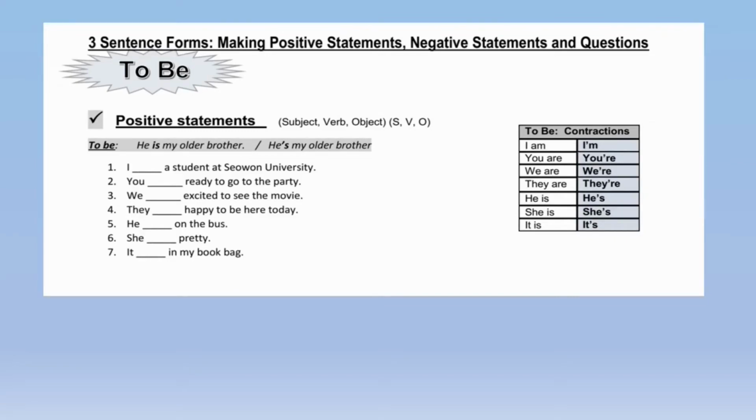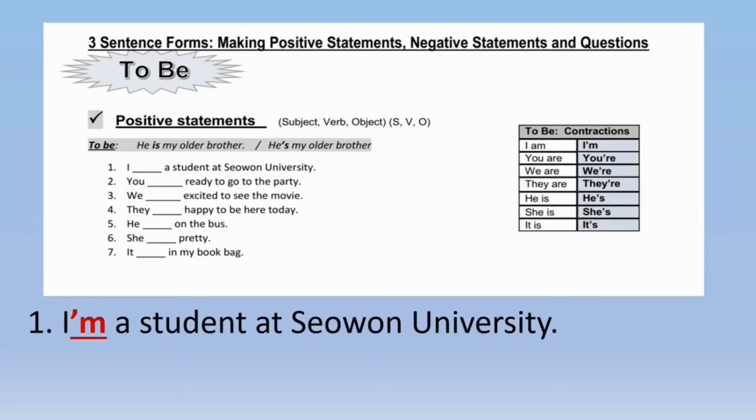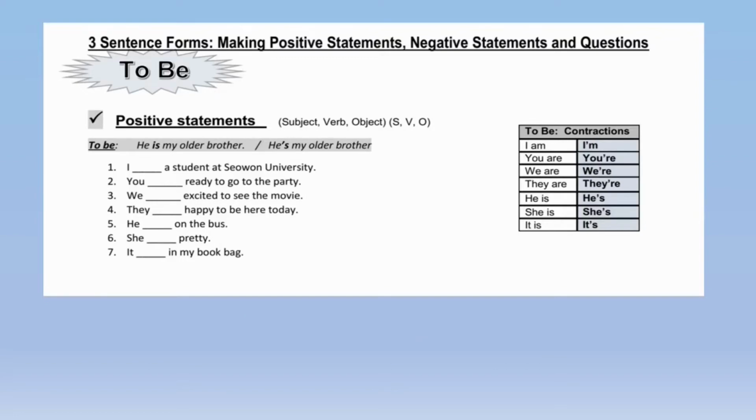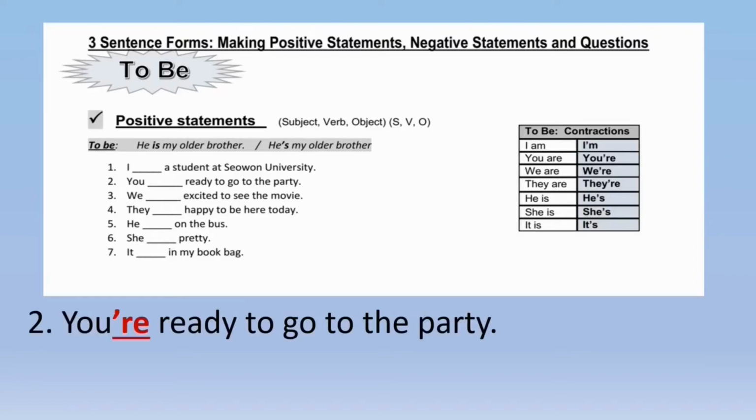Number 1. I, a student at So-On University. I'm a student at So-On University. Number 2. You, ready to go to the party. You're ready to go to the party.